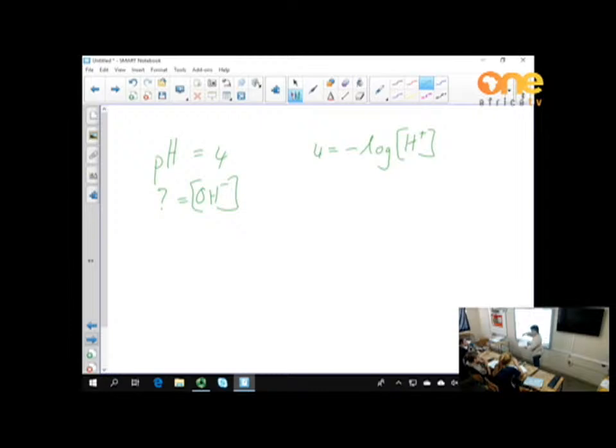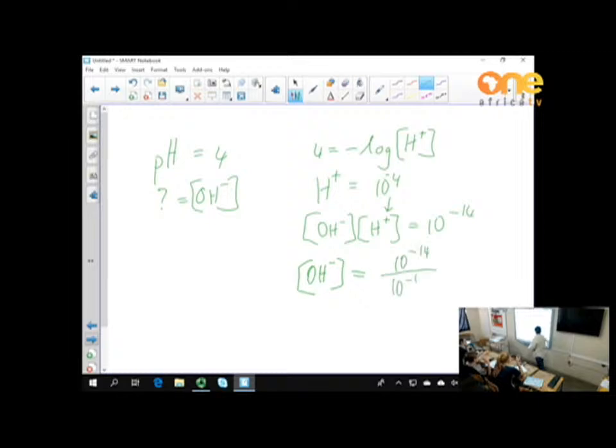So second function log, the hydrogen ion concentration is going to be 10 to the power minus 4. You with me? So what's the hydroxide ion concentration? Well, remember, hydroxide ion concentration times the hydrogen ion concentration is always equal to 10 to the power minus 14. Now we've got that one. So the hydroxide ion concentration is going to equal 10 to the power minus 14 divided by 10 to the power minus 4, and that is going to be 10 to the power minus 10 moles per cubic decimeter.